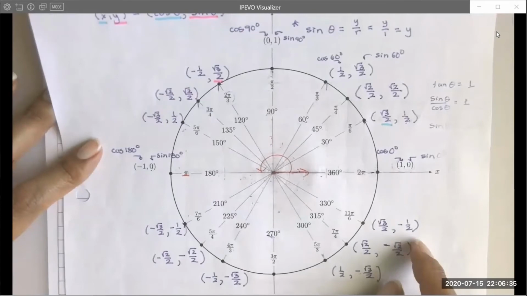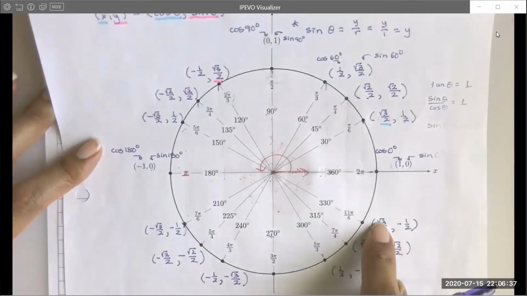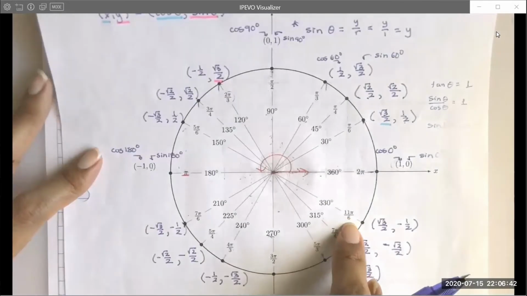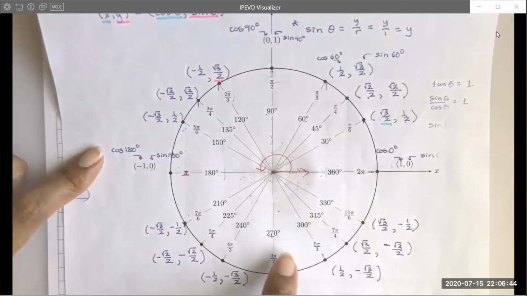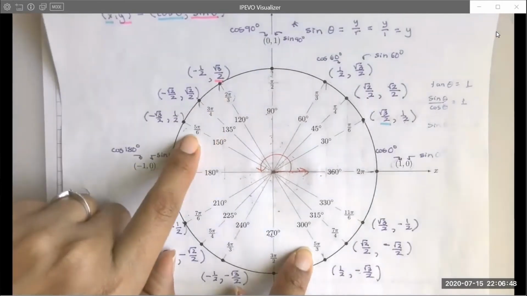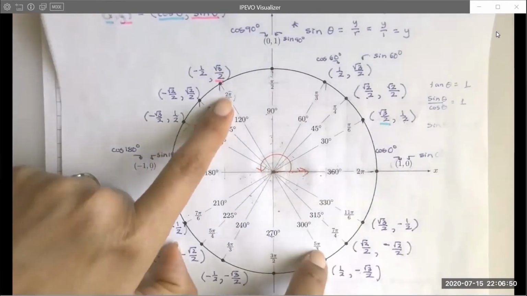The numbers that involve a radical 3 would be this 11 pi over 6, and they do say in radians, so 11 pi over 6, as well as 5 pi over 3, 2 pi over 3, and 5 pi over 6. So those 4 are candidates.